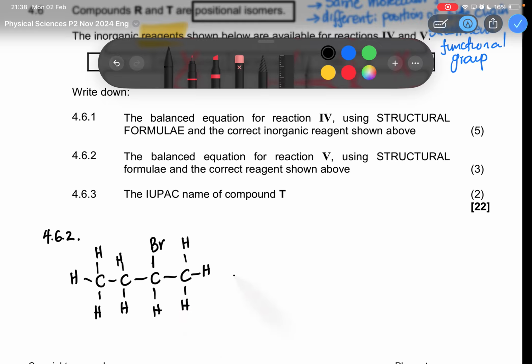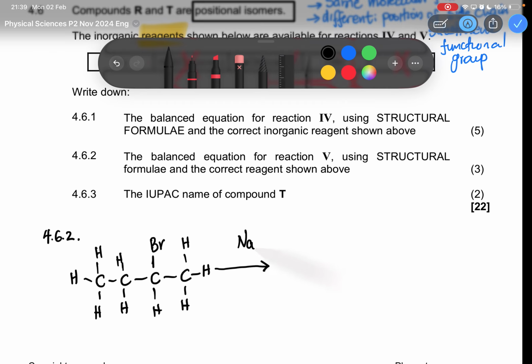This is what we have, and remember we are eliminating. So what do we need for this elimination?